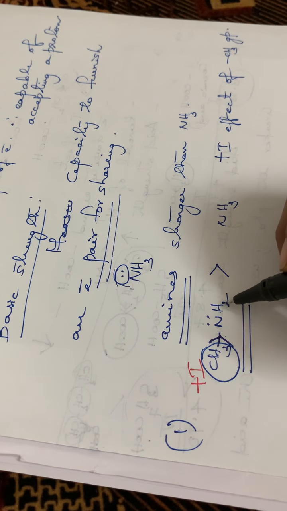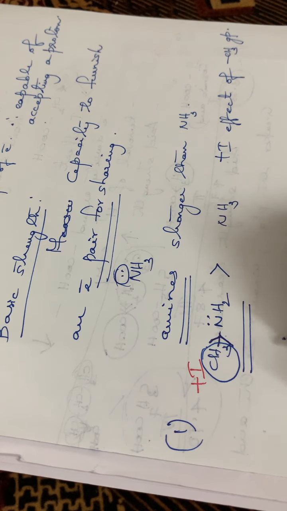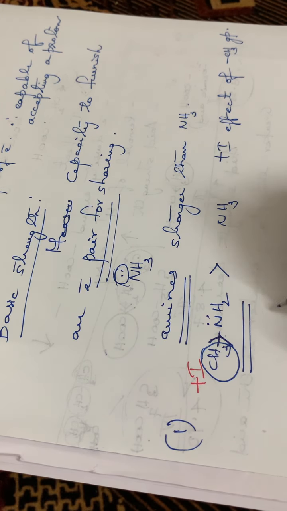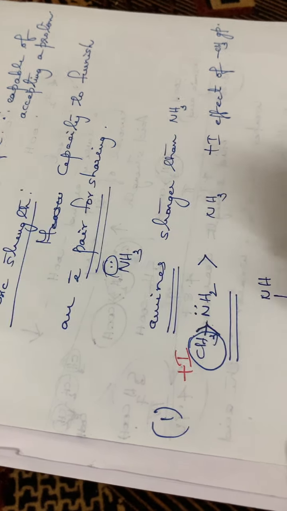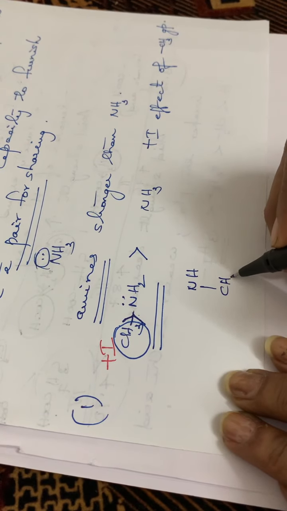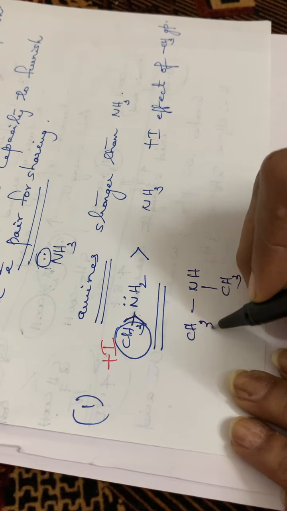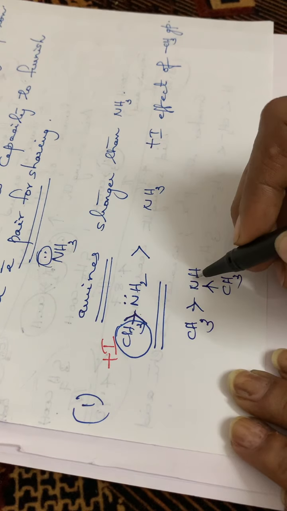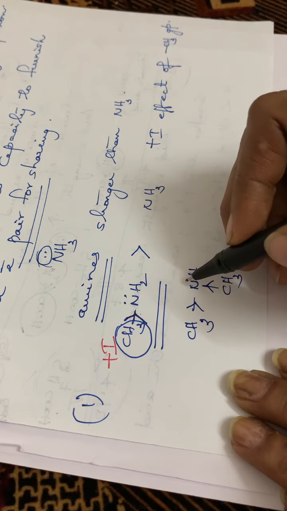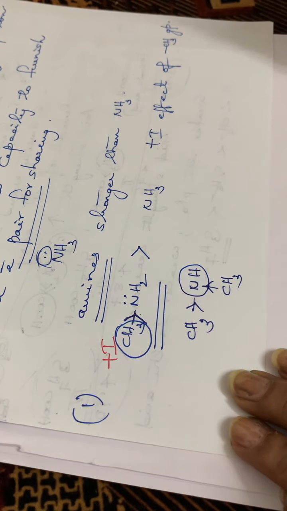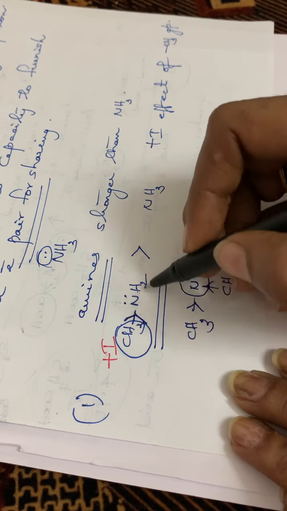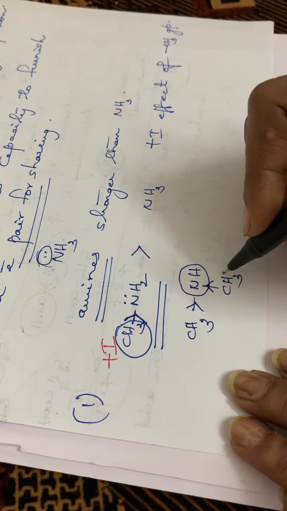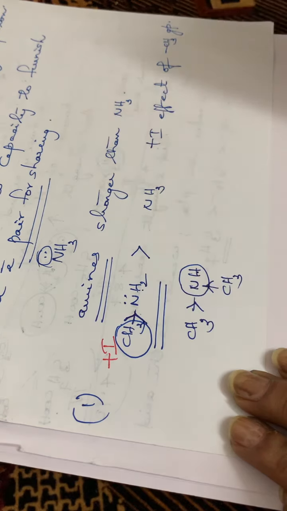Suppose in CH3NH2 I substitute one of the hydrogen atoms with another alkyl group, CH3. Both CH3 groups will pull electrons towards the nitrogen atom, so the electron density around the nitrogen atom will further be increased, and it will be more basic compared to methyl amine.